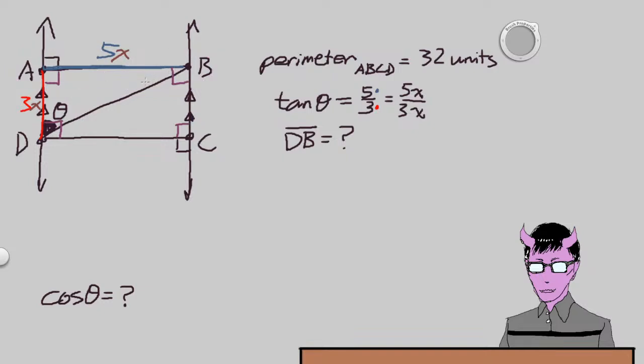So what I'm trying to point out here is this whole thing is just a rectangle. Then we have 90, 90, 90, and this one has to be 90 as well. So this whole shape is a rectangle.